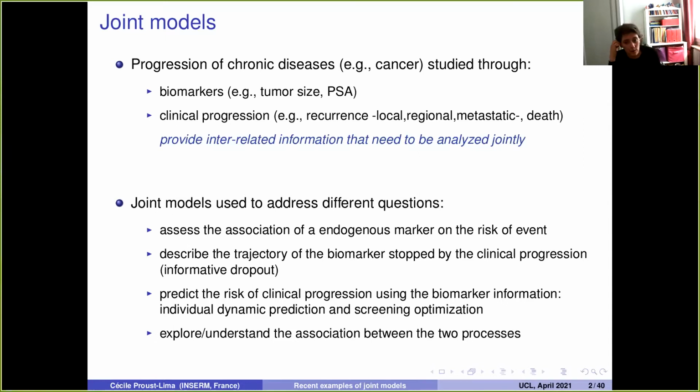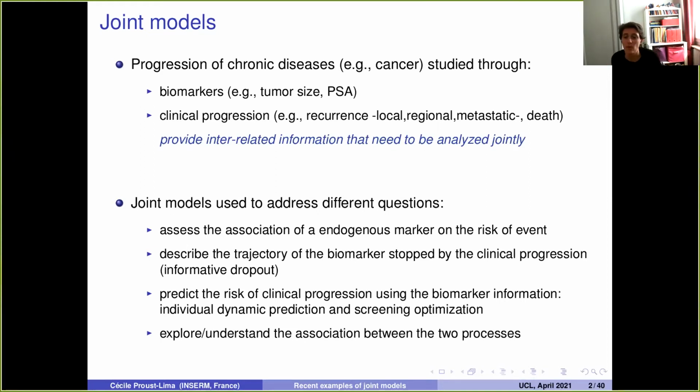Why? Because that will help us to address different types of research questions. That can be to assess how the biomarker will impact the risk of event, so the association of the marker with the event, or to describe the biomarker while taking into account the fact that it may be stopped by the clinical progression.